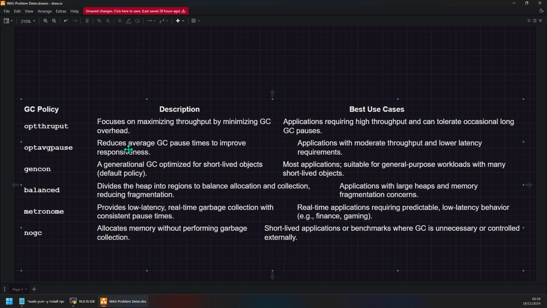The advantage of this one is that it provides a balance between latency and throughput. The disadvantage is slightly lower throughput compared to optthruput, so your throughput won't be like what you get when you configure optthruput.